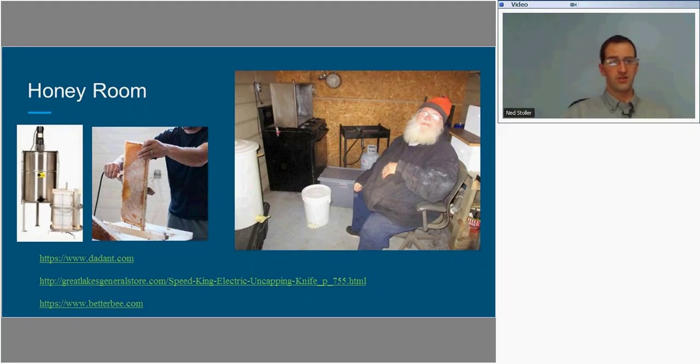You put it into a spinner that spins the frames, and it flings the honey out of the frames and catches it in a large pot. That's what the picture on the left is of. And then the honey comes out a valve in the bottom and can be put into bottles.